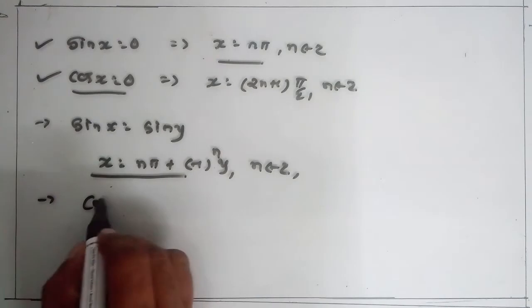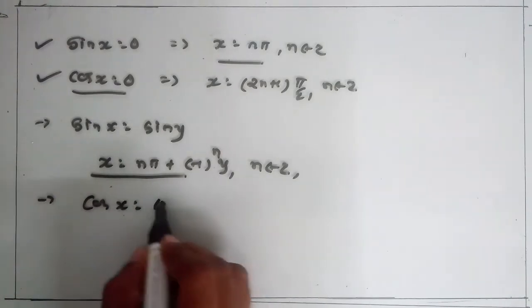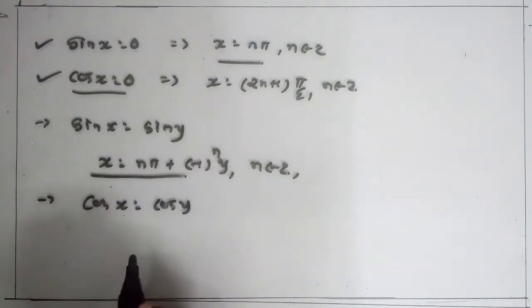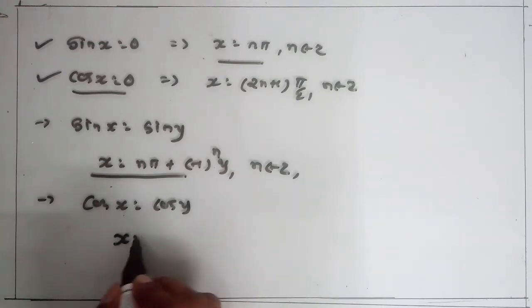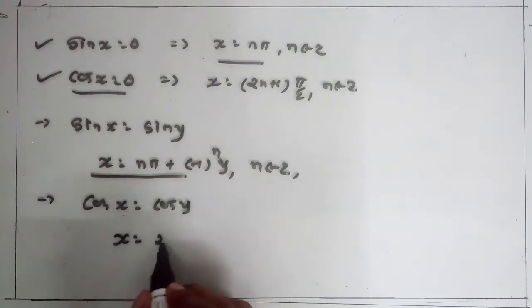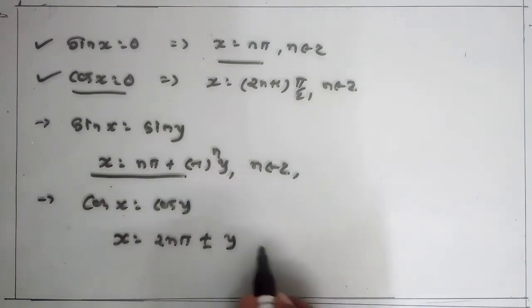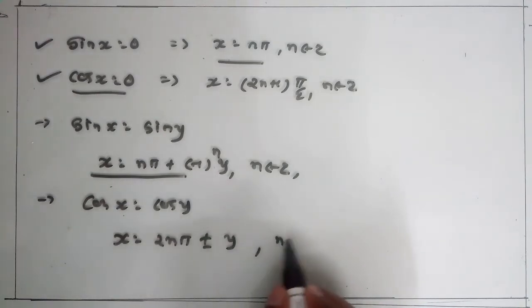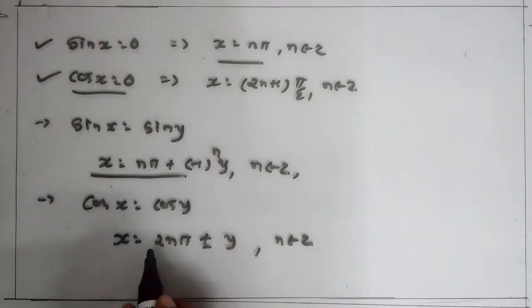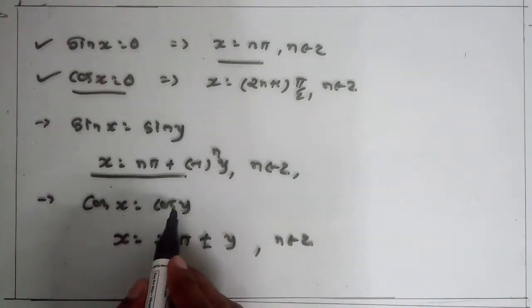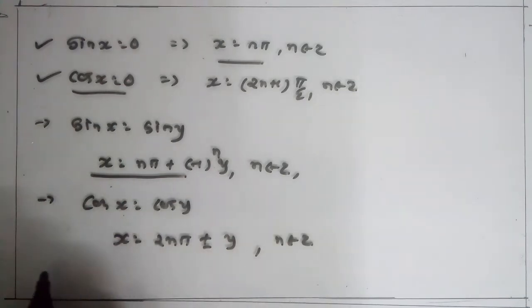Same for cos x is equal to cos y. The general solution is x is equal to 2n pi plus or minus y, n belongs to Z. This becomes the general solution of cos x is equal to cos y. Clear?